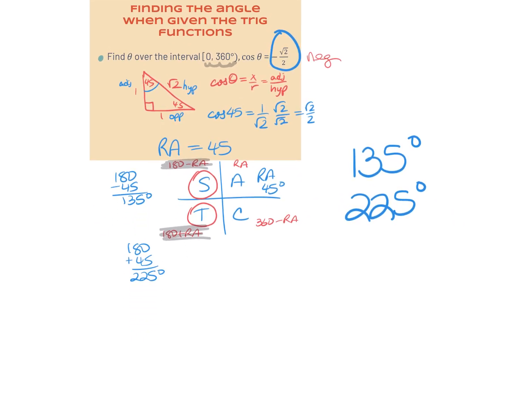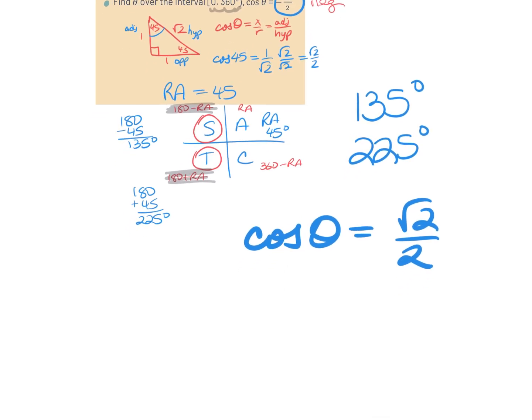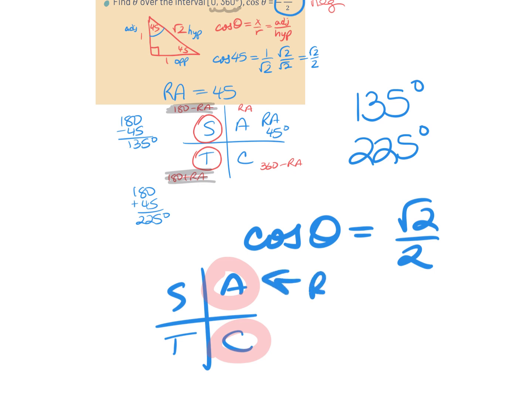Instead, if it was cosine of theta equals positive root 2 over 2, then, all students take calculus. Cosine is going to be positive here and here. So the answers to this problem are going to be the reference angle, which is 45.